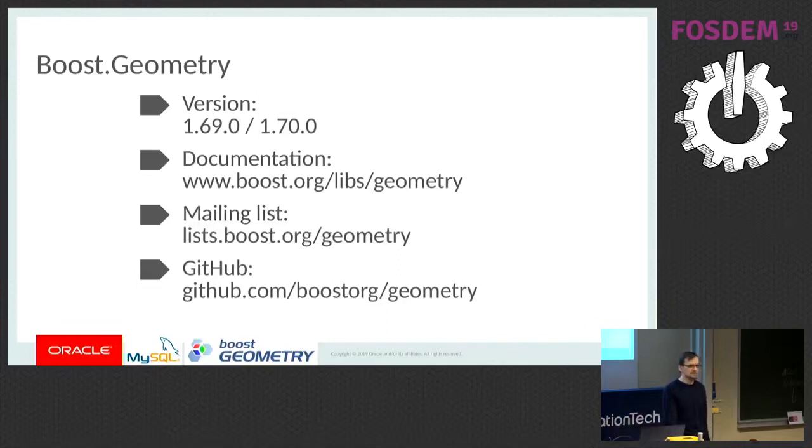It was started some time ago by Barend Gehrels when Proj4 was in version 4.03 or something like that, and I finished it. And most of the things you'll see are already released in Boost 1.69, and some of them will be in 1.70.